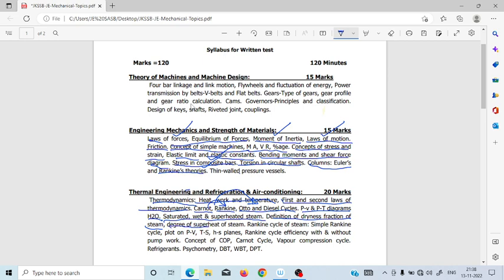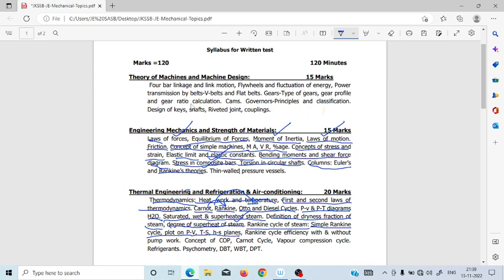Then we'll also discuss the degree of superheat of steam, which we'll discuss in the PV diagram only. Then we'll move on to the Rankine cycle of steam, which is also an application of thermodynamics and we study in power plant. We'll study the simple Rankine cycle. We'll study its plot on PV, TS and HS planes.